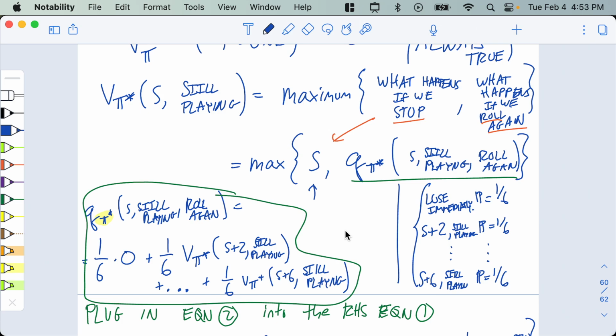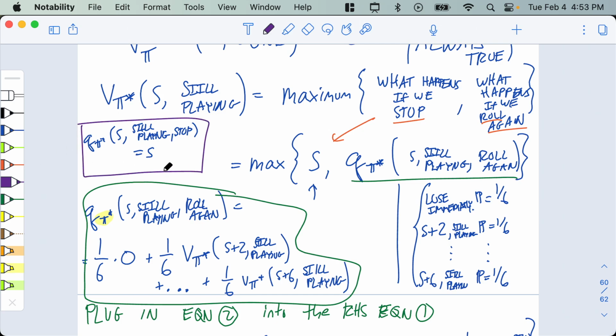I can also tell you what Q star of S, comma, still playing, comma, stop is. That is simply S. And so I can use these two equations together to figure out the Q value for all the actions and compare them. Fantastic answer. That's totally equivalent to what I was going to do.